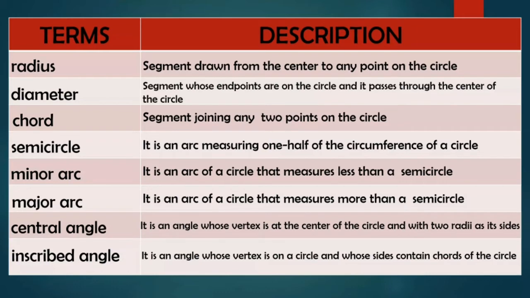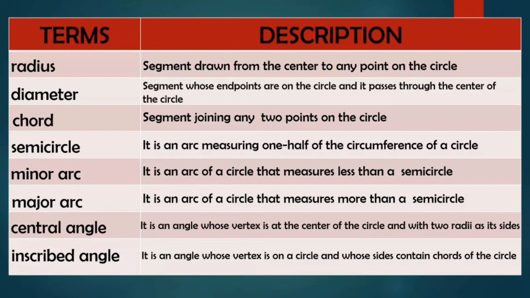So let's proceed to the arc. The first arc related to circle is the semicircle. It is an arc measuring 1/2 of the circumference of a circle, and the measure of the semicircle is equal to 180 degrees. Let's proceed to the minor arc.